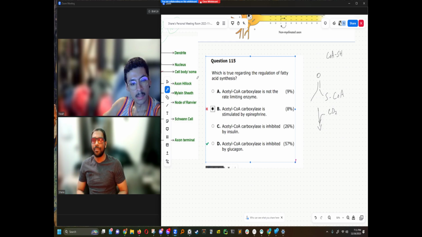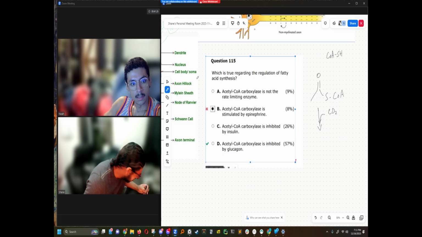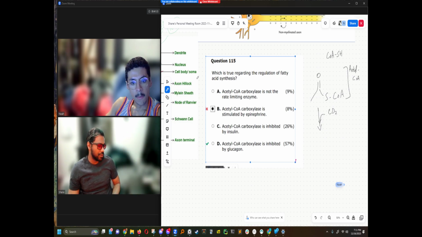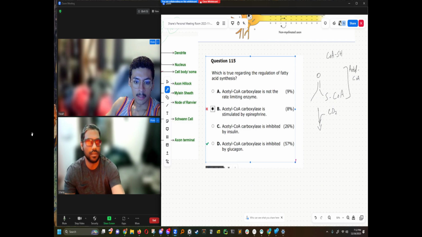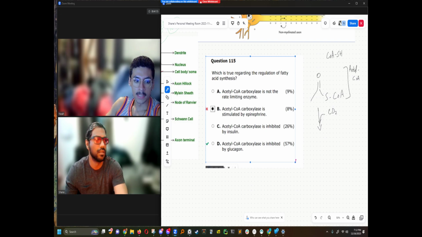Oh, so what happens if we... This over here is the acetyl CoA. And if we're adding CO2 to it, what should we see? Shouldn't we see them come apart? When you say come apart, what do you mean? Like, oxidize? What do you mean when you say oxidize?